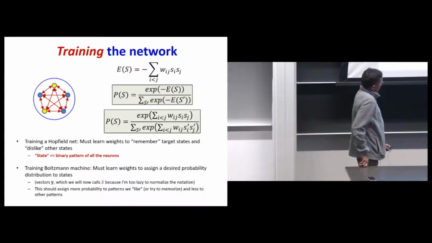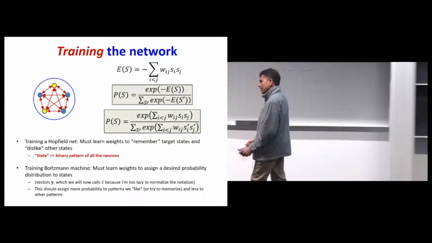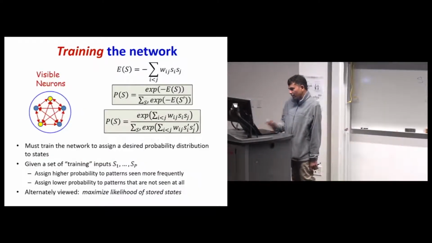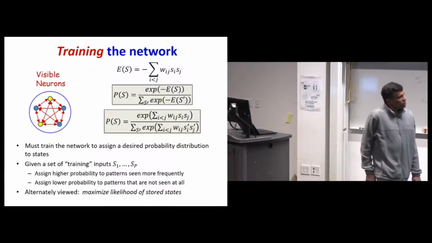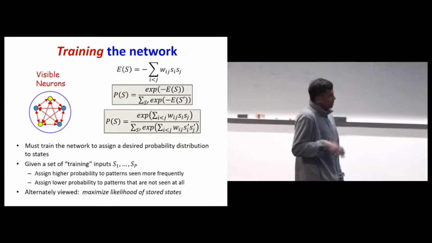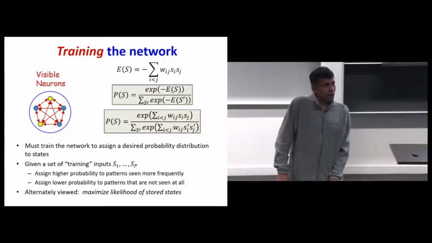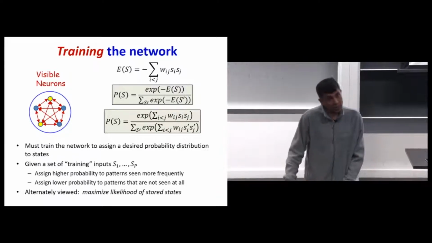Once we think of it in terms of assigning probabilities, we can think of the whole thing in terms of likelihoods. You must train the network to assign a desired probability distribution to states, meaning I want to assign a high probability to things I like and a low probability to things I don't like, right?